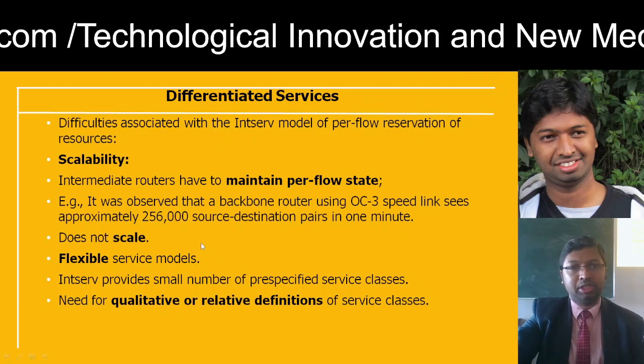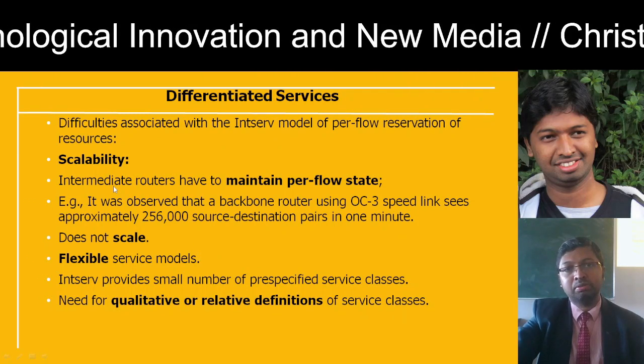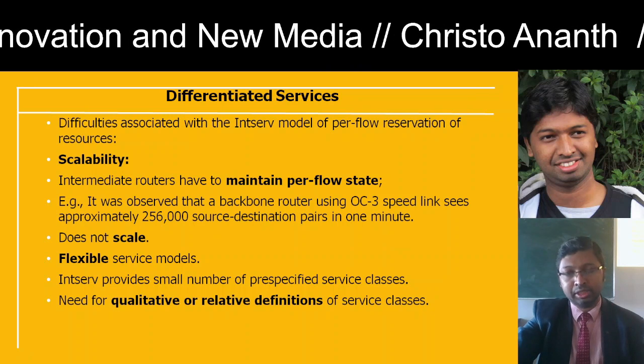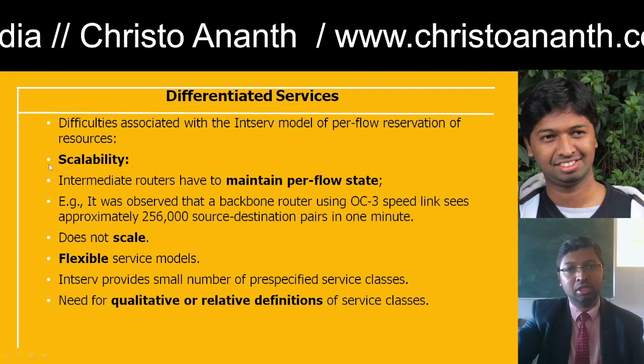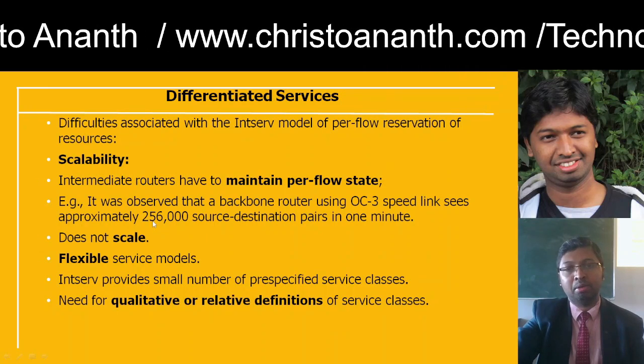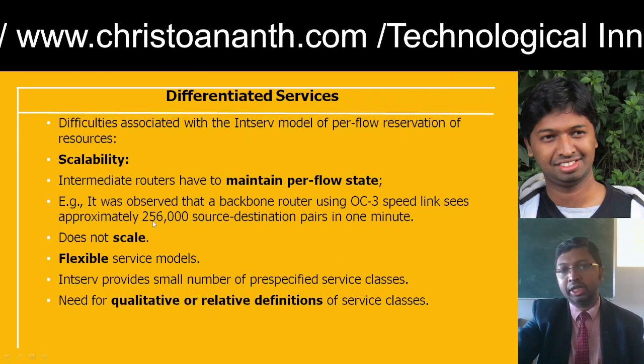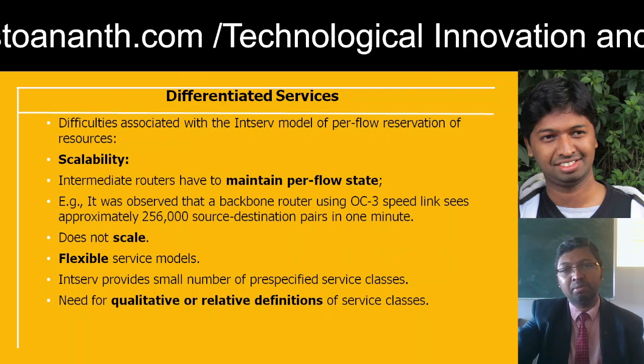Next, we will have differentiated services. There are difficulties associated with the integrated service model for per flow reservation of resources, mainly scalability. Here intermediate routers have to maintain per flow state.